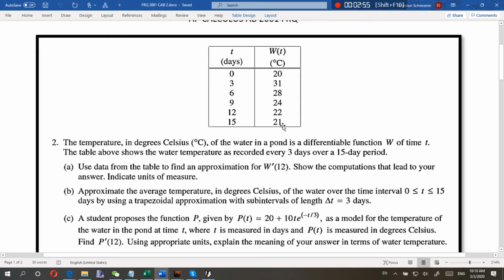We've just got this tabular data. So how can I get a derivative from a bunch of points? Approximate? Okay. So how would you get your approximation? Use a slope. Okay. So what would our formula be if we wanted to get our slope at 12? Okay. Which points would you use if you wanted to get an estimate for 12?